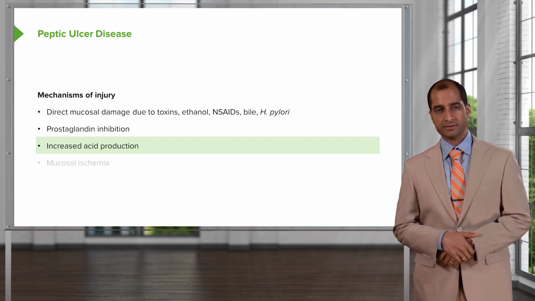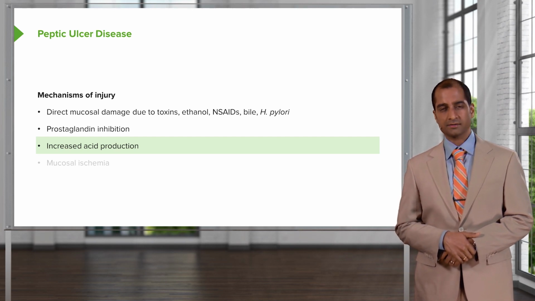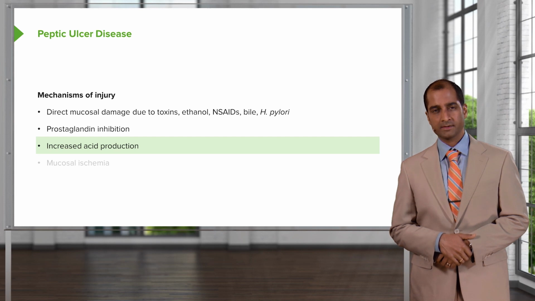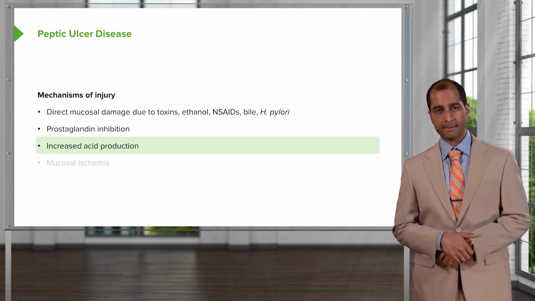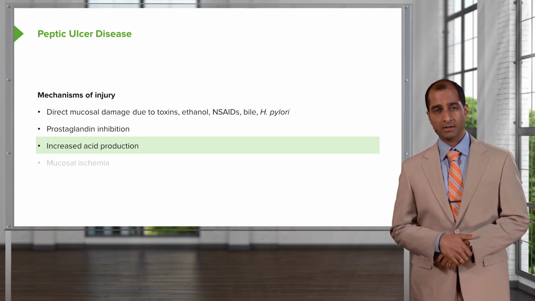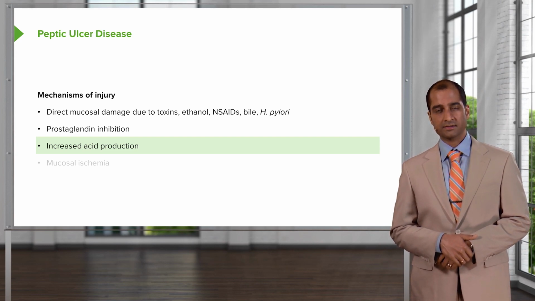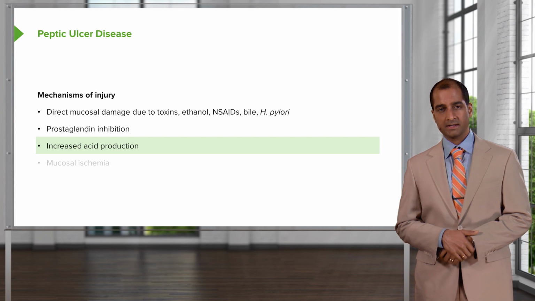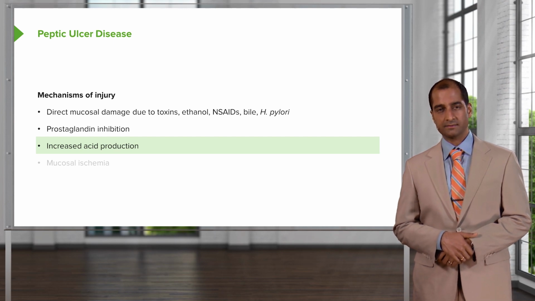Increased acid production could be a cause, but more importantly, the most important pathogenesis for peptic ulcer disease of the stomach would be damage to the lining. Whereas if it is pathogenesis for peptic ulcer disease of the duodenum, then in fact there would be increased acid.